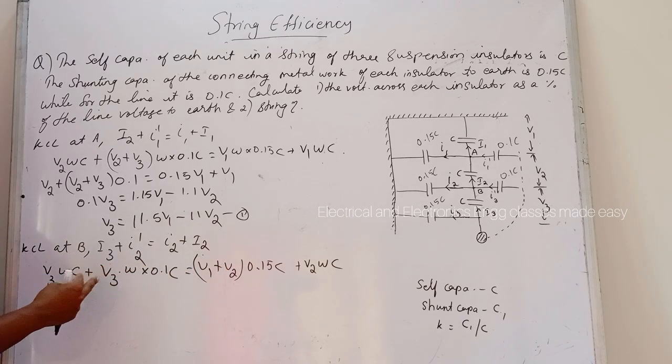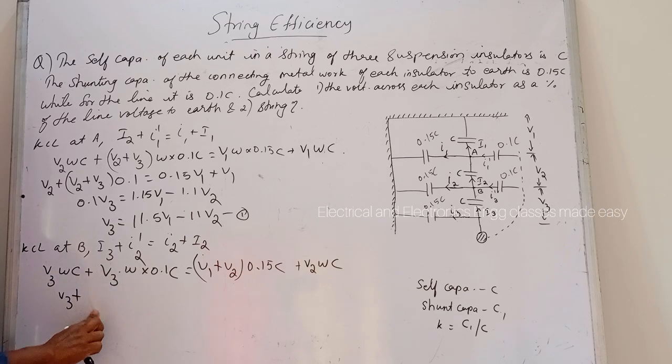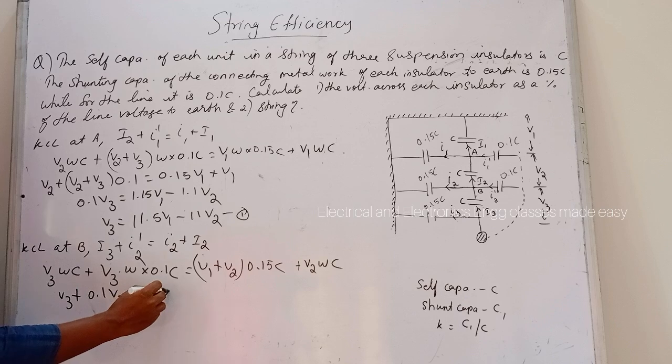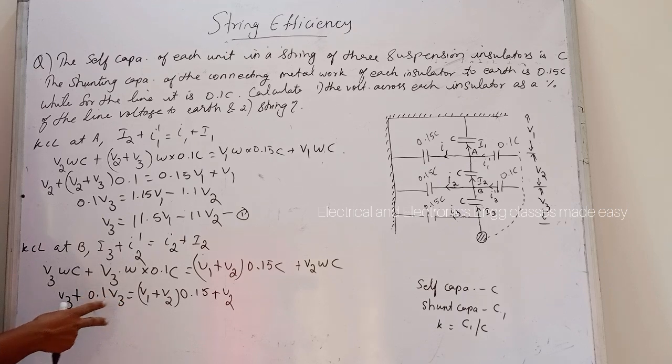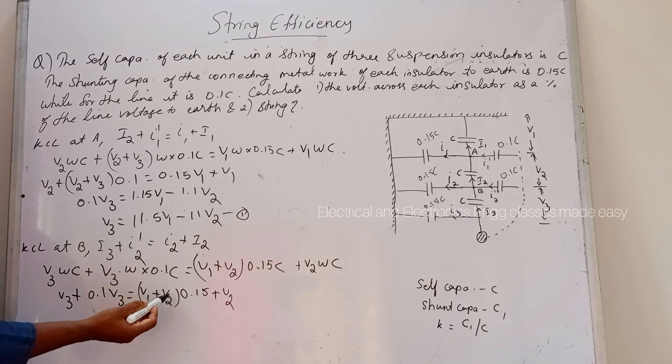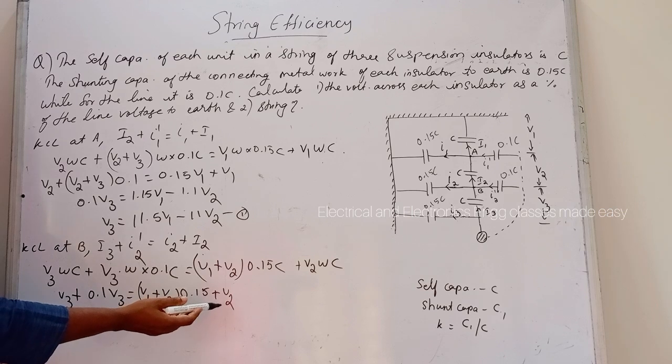So here we can cancel omega C. So we will get V3 plus 0.1 V3. So 0.1 V3 equal to V1 plus V2 into 0.15 plus V2. Now we can rearrange this one. So here 0.15 V2 and V2 is here.